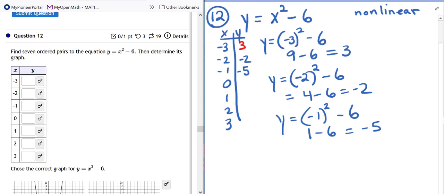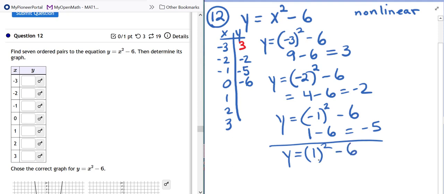If you plug in 0, 0 squared is 0, so that will give us negative 6. I'm going to just not write that one down. When you start plugging in the positives, you don't have to write the parentheses. Parentheses keep you safe, but if you're plugging in a negative and there's an exponent, you always have to put the parentheses. I'll just put parentheses all the time. That is safe. They're your friend.